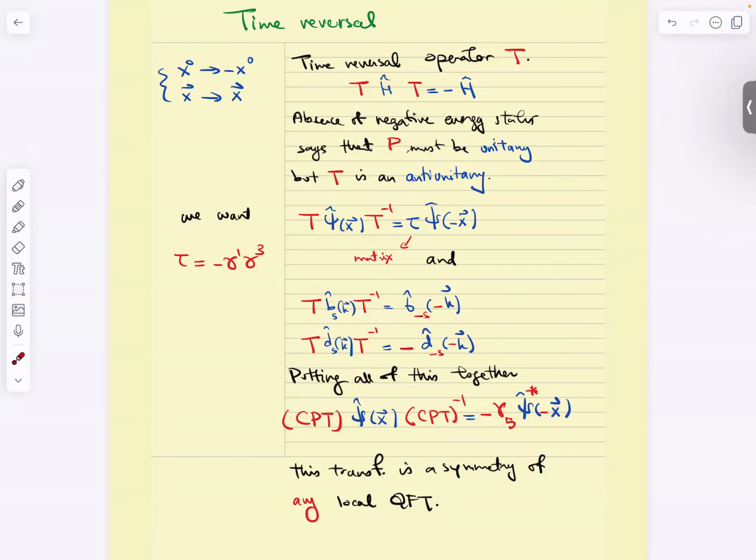Yeah. In order to show this, I recall that the creation and annihilation operators can be written in terms of the field and the conjugate momentum at some constant time. That's right. So we could use that in order to show this with those relations, or is there any easier way to? No, that's what we're doing.